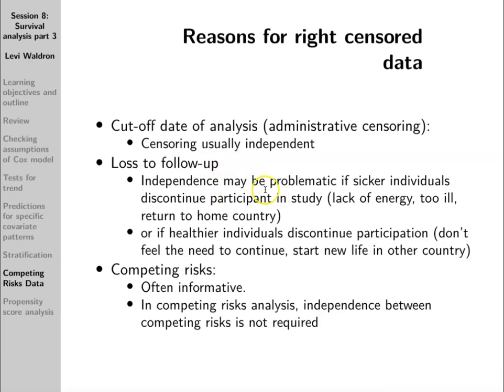And the key thing is that in these cases, it is something relating to their outcome that predicts censoring. It's not their covariates. It's not that they are males, even if being male both contributes to being sicker and to dropping out of the study. That wouldn't be the issue. It's if the sickness itself is predictive of dropout.